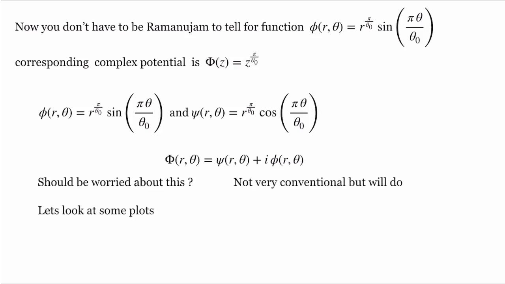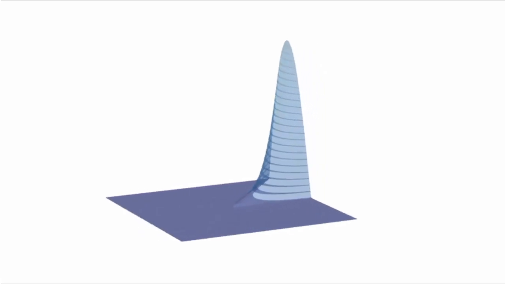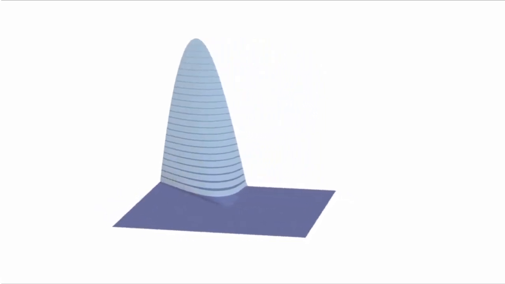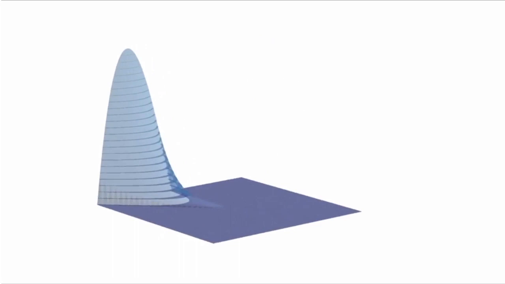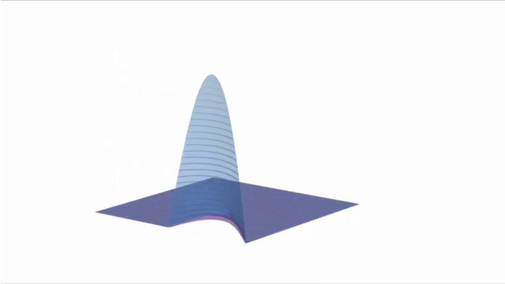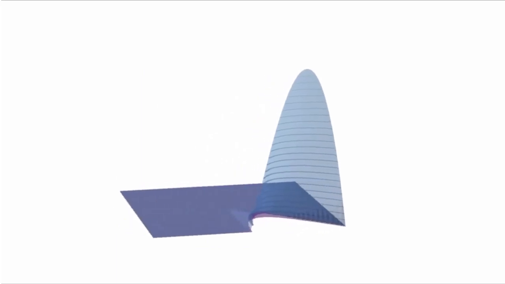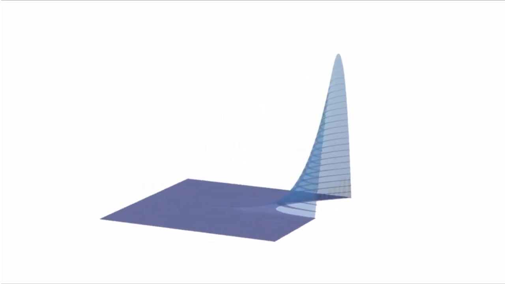Let's go ahead and plot and see some of these functions. In principle, you would be plotting this as a function of r and theta and see the plot as a potential on a 2D surface. You can visualize this. As you can see, the potential becomes 0. In this case, I have taken theta naught to be pi by 4, and it becomes 0 at that point.